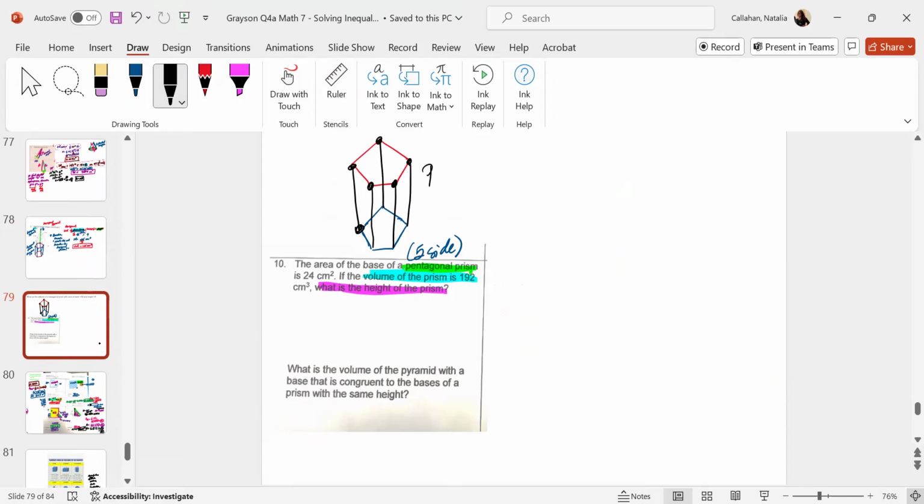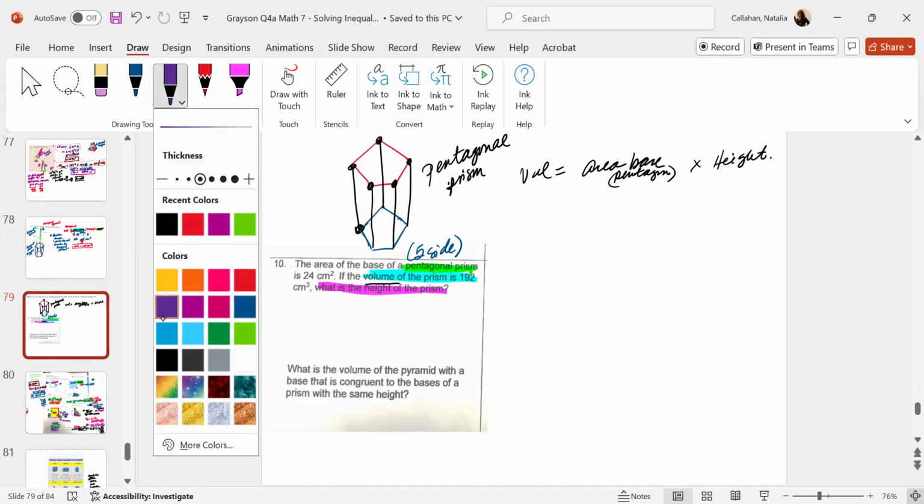This is a pentagonal prism. Do you see that? And since we're dealing with volume, and this is not getting smaller on top, you know the volume is just going to be the area of the base, and that's a pentagon, times what? Times height.